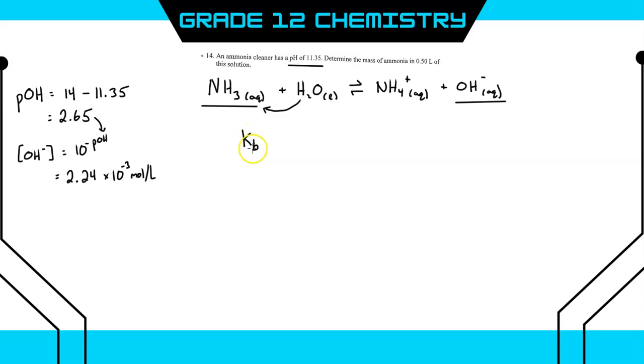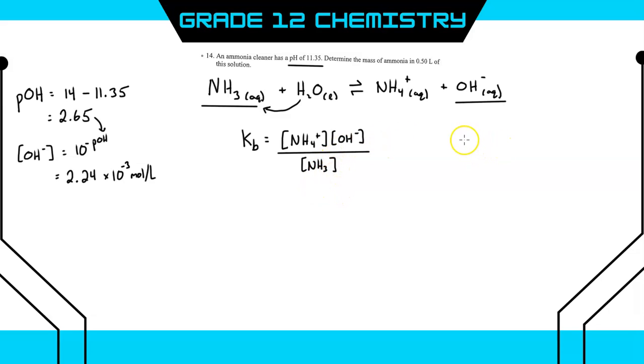So Kb, our base constant, is equal to the concentration of the products, I just love saying that, so NH4 plus and OH minus, all over the concentration of NH3, ammonia.